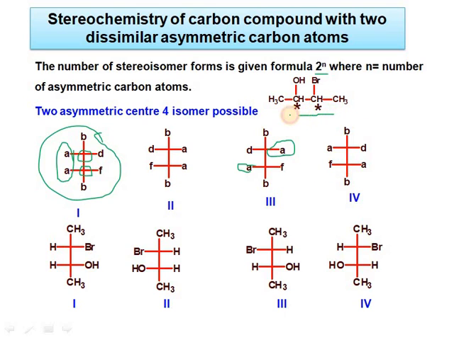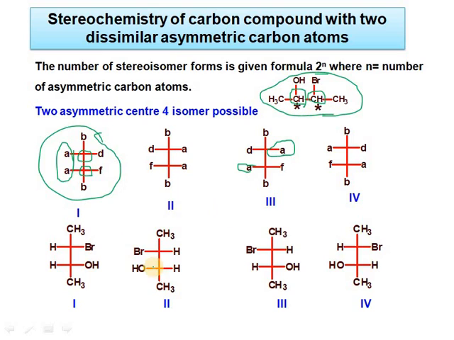For example, we take this example. How many chiral centers? Like 3-bromobutan-2-ol. It has two chiral centers. This is one chiral center and this is the second chiral center.